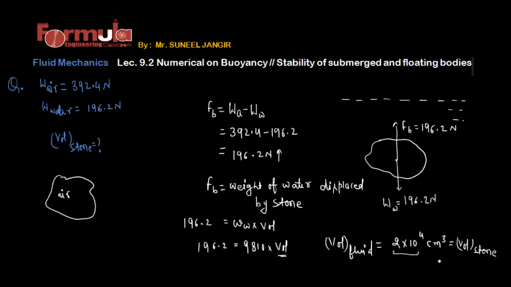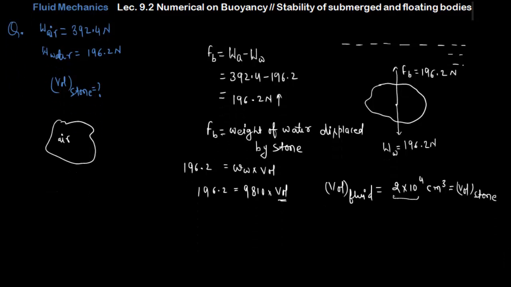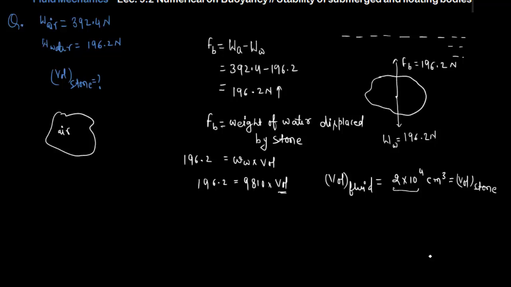Is the point clear? Now we are interested in calculating the mass of this stone. The weight of the stone in air is given, and we want to calculate the mass.